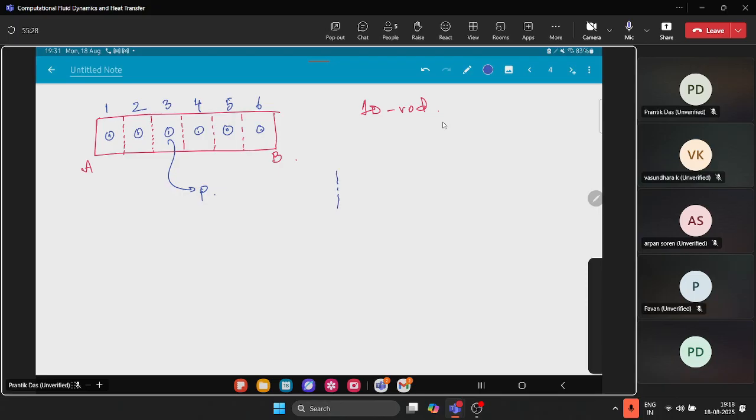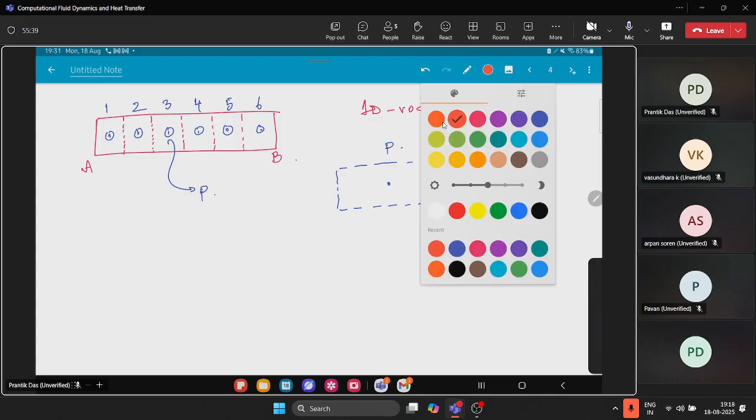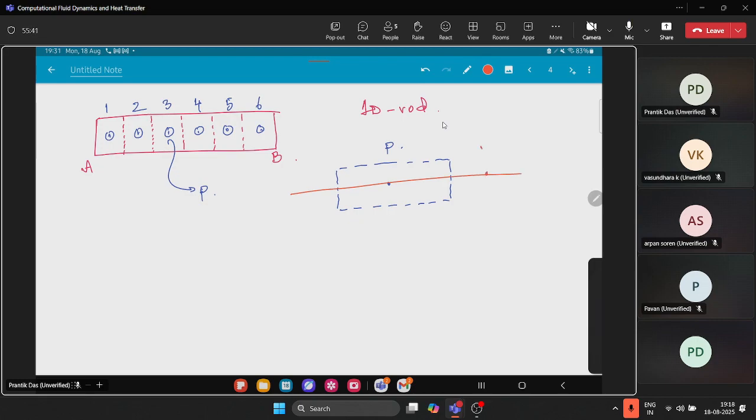I am going to put that point P here. This is my control volume of interest, and capital E is my east control volume, the control volume present at the eastern side of my control volume of interest. I am going to write the equation for this P control volume.